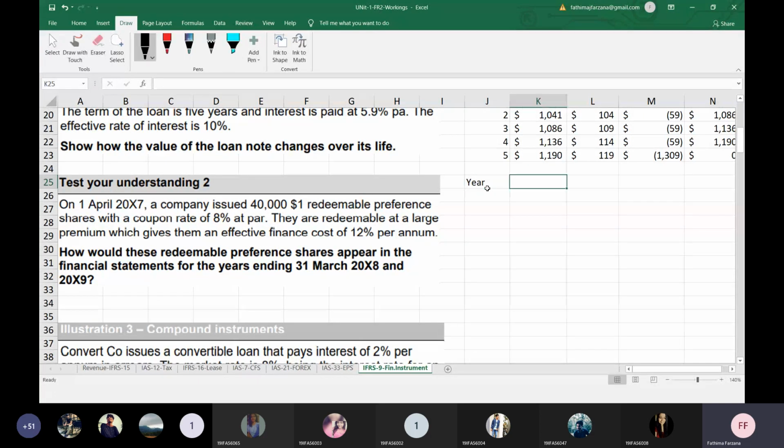So year, then we'll be having balance brought forward. Then we'll be having finance costs at market rate, 12%, right? Finance cost is market rate, 12%. Then amount paid.